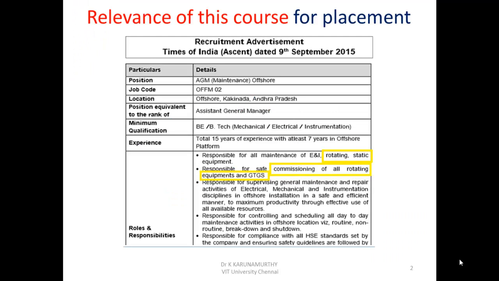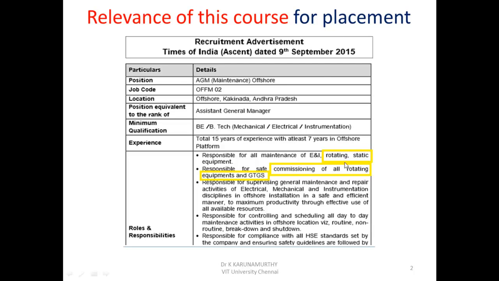Before we start this lecture, let me tell you the relevance of this course for your placement. Here you are viewing an advertisement given by Times of India. They are recruiting an assistant general manager, maintenance for offshore operations, and they have mentioned the roles and responsibilities of the person to be recruited.